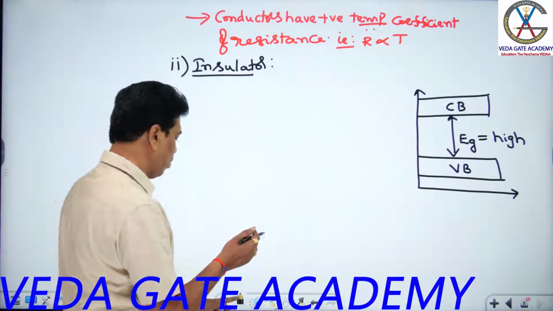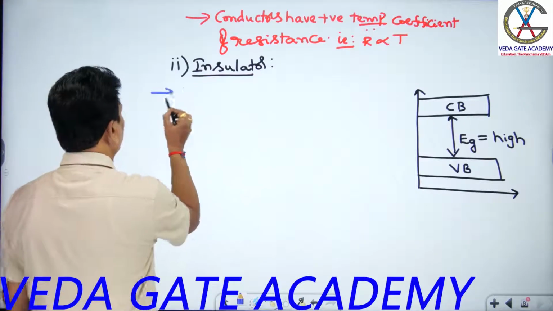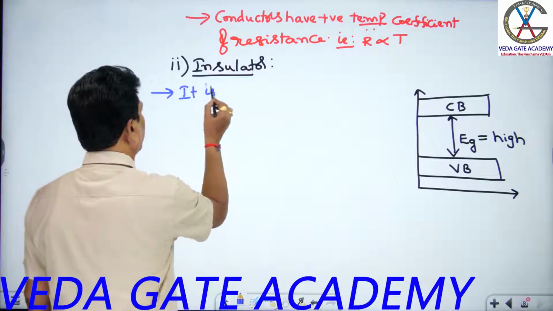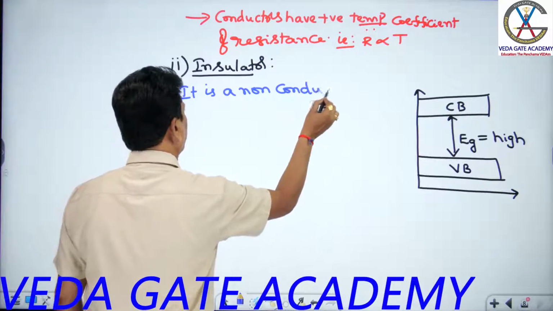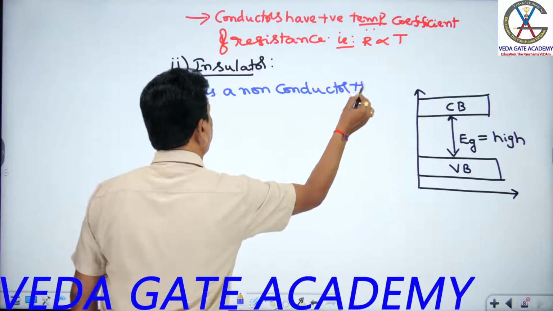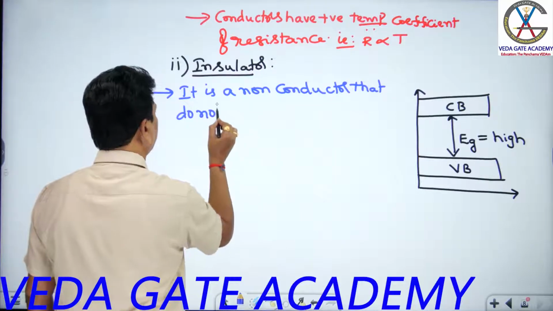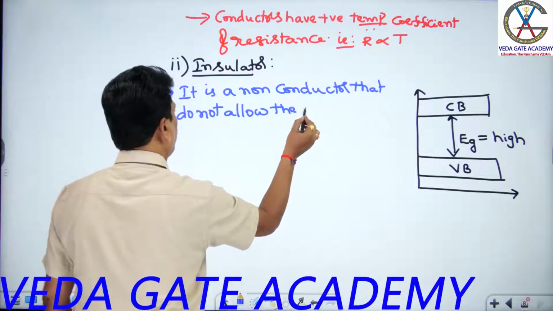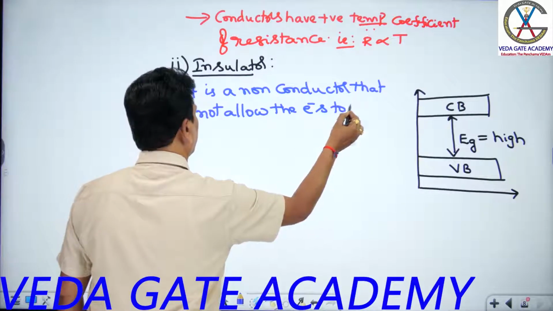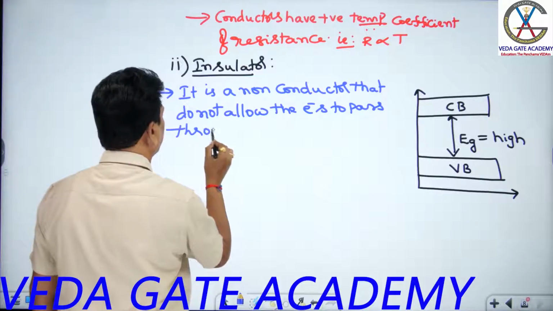So now, students, what is that insulator I told? It is a non-conductor, I told, students, that does not allow the electrons to pass through it.